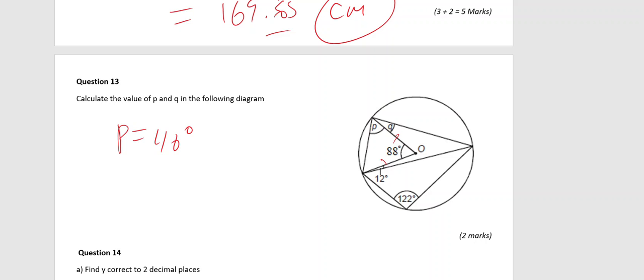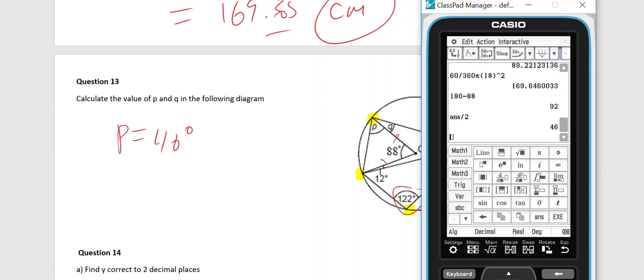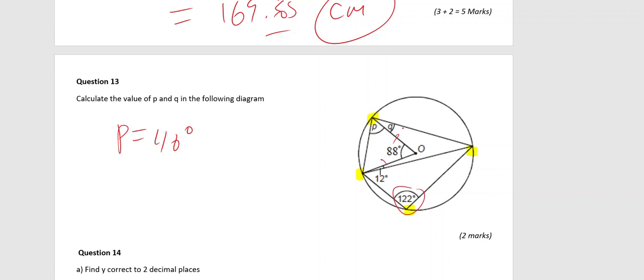Well, I know that this is a quadrilateral inscribed inside a circle, meaning the opposite angles of the quadrilateral add up to 180. This already took up 122, so what's left over for the other side would be 180 minus 122. So that's 58 degrees. So this whole angle there is 58 degrees.